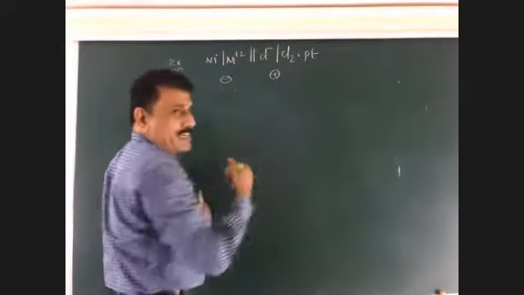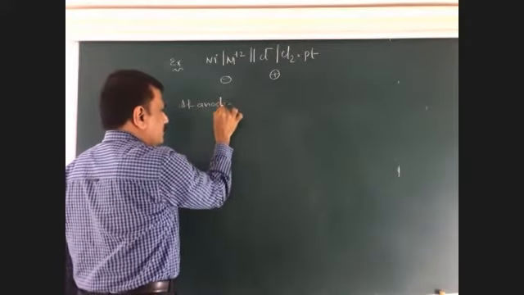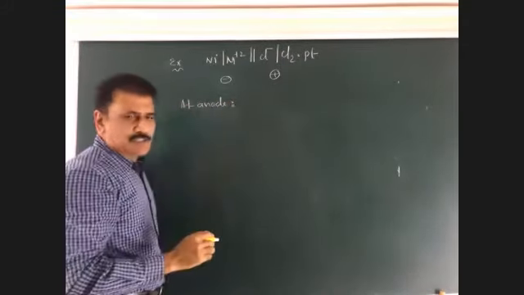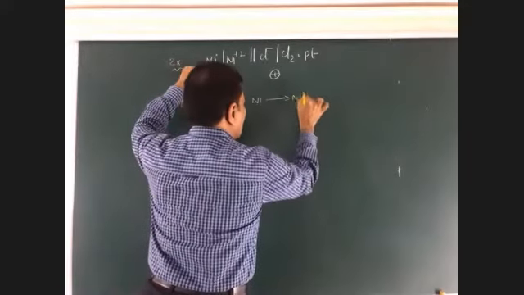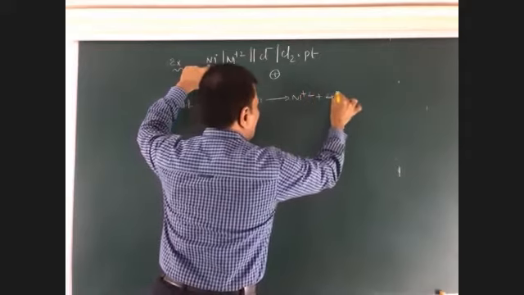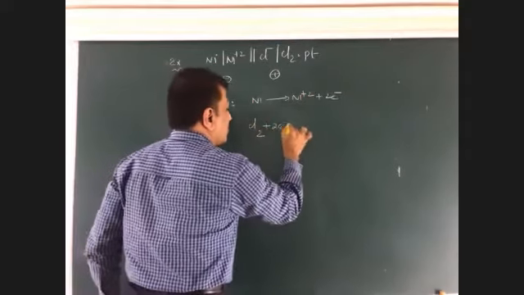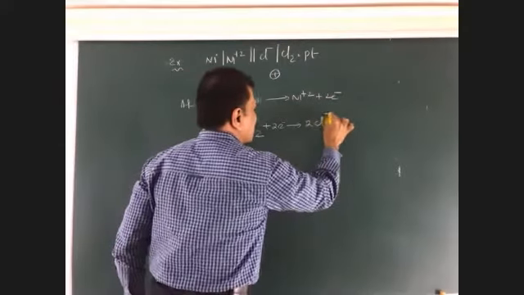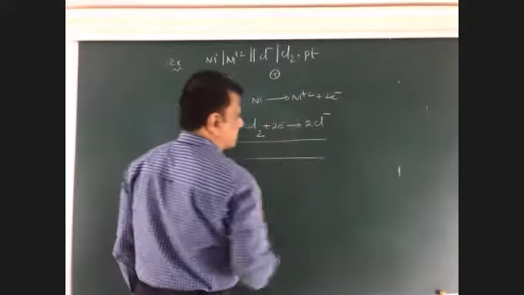Now we have to write the cell equation. At the anode, always oxidation takes place. So nickel changes to Ni2+ plus 2 electrons. Chlorine takes 2 electrons to form 2Cl-. And overall, the cell reaction is this.